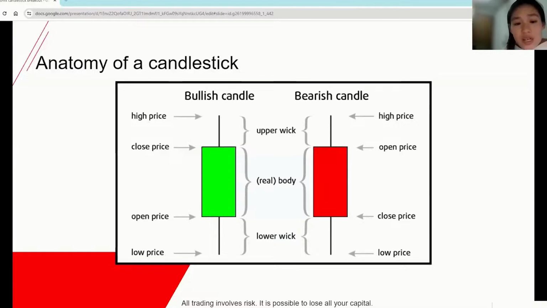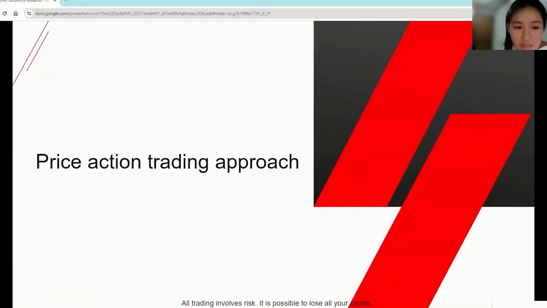Bearish candlestick would just be the opposite, so your high price and your open price would be the same, and your close price would just be at the bottom instead of at the top for a bearish candlestick. And your low price and close price are the same.